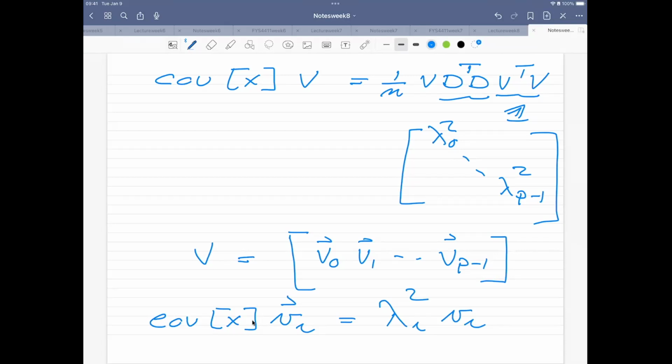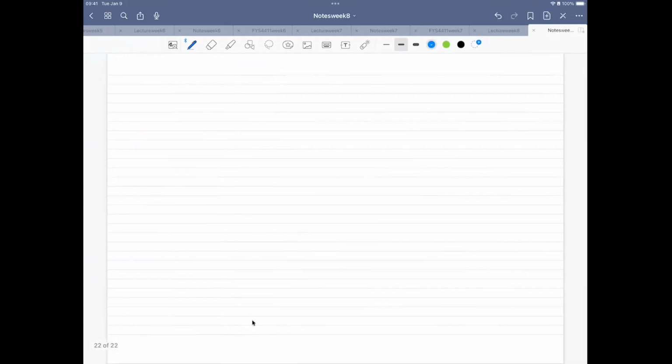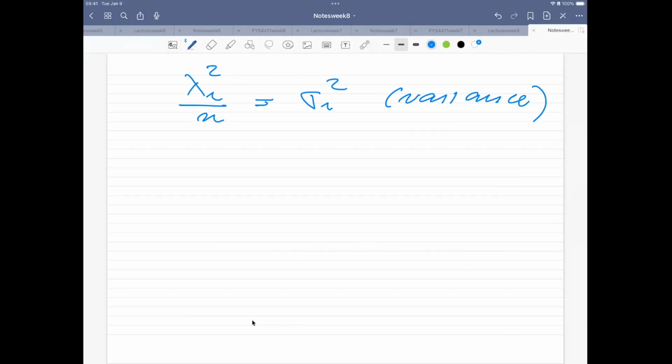So this lambda i squared divided by n is equal to sigma i squared, which is the variance. And they are obviously linked with a given eigenvector. Now, what you could do, however, is to diagonalize the covariance matrix. If you diagonalize it, you should get the same eigenvalues.